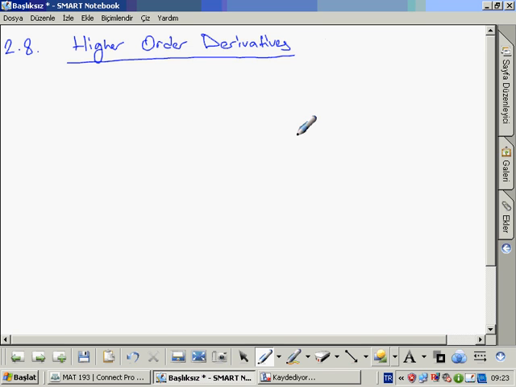We know that if the derivative y prime, which is equal to f prime of x of a function y equals f of x, is itself differentiable at the point x, and we can calculate its derivative from the previous lectures, now we can call it the second derivative of f and denote it by y double prime equals f double prime of x. Let me give you firstly an example about this, and after that I will give you some notations.